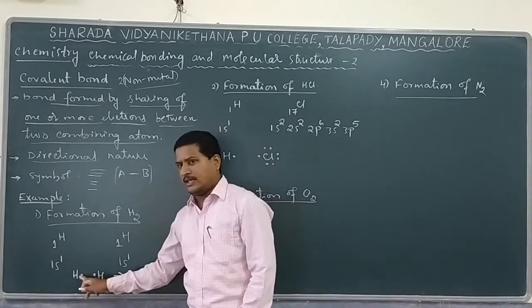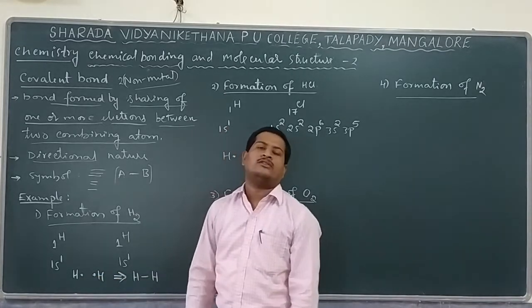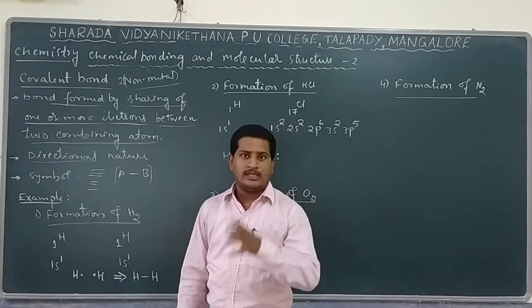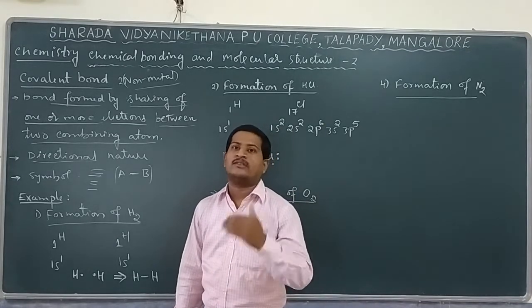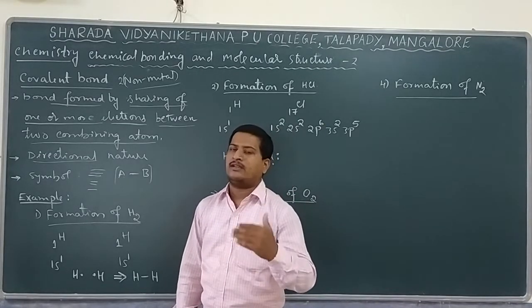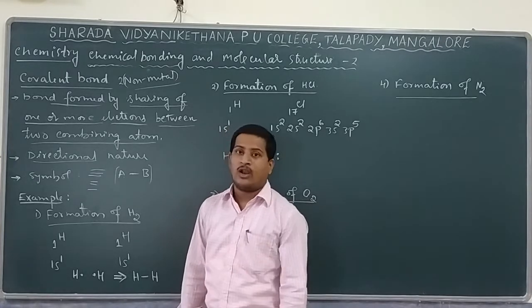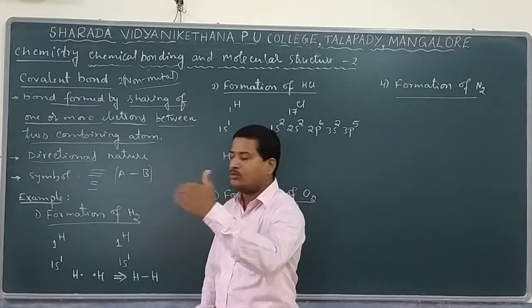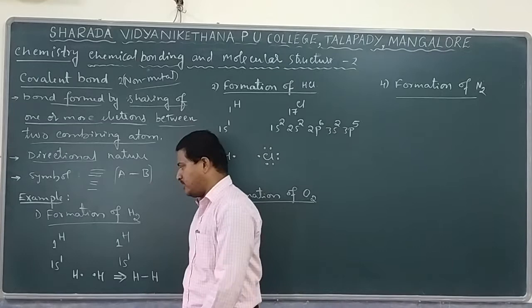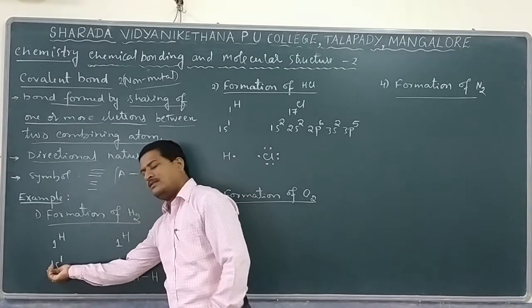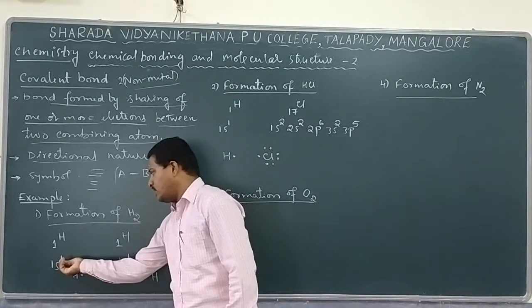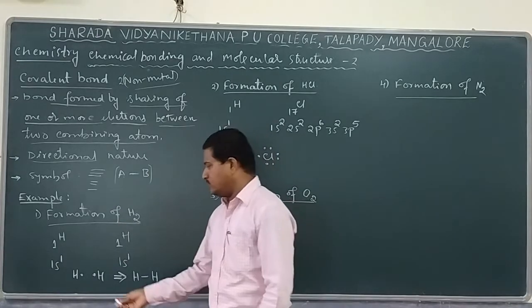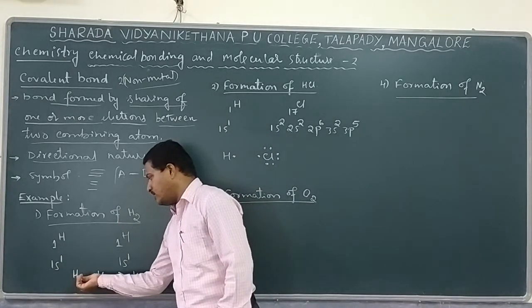The electron dot structure tells about the total number of valence electrons present, that is, the electrons in the valence shell or outermost shell. Here the first shell itself is the outermost shell, and one electron is present in it. So the symbol is represented as H with one dot.